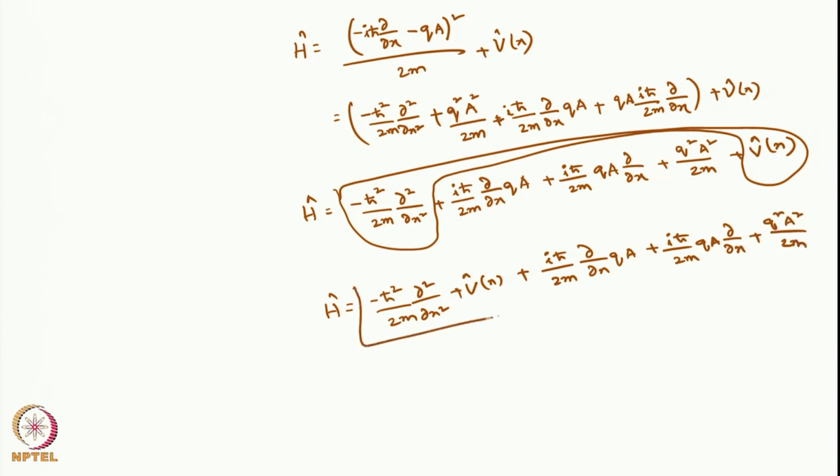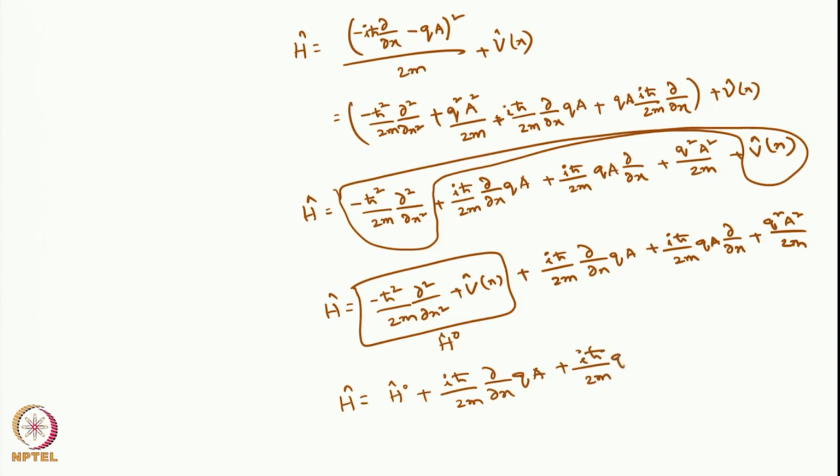Now this is nothing but your H naught, the Hamiltonian of the original molecule. So your H will now be equal to H naught plus ih bar by 2m d by dx QA plus ih bar by 2m QA d by dx plus q square a square by 2m.